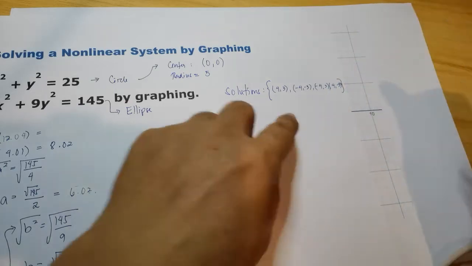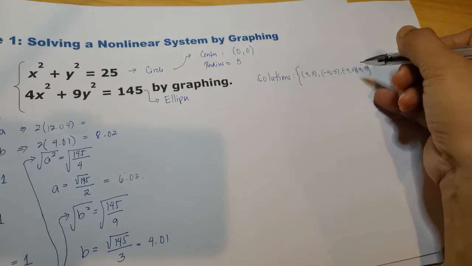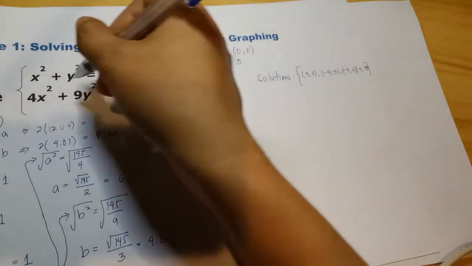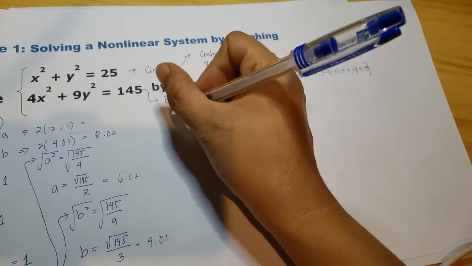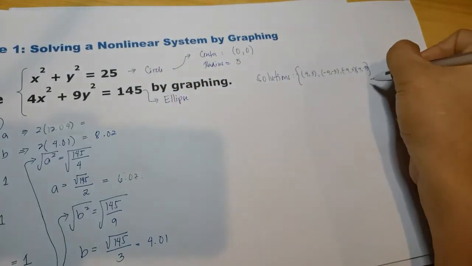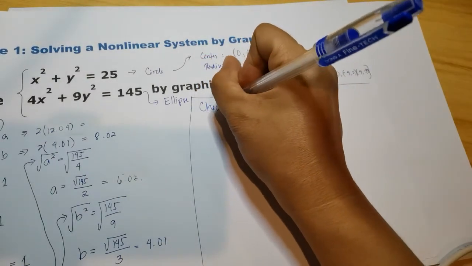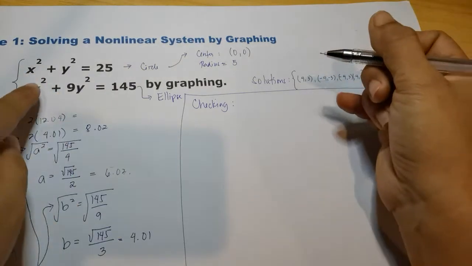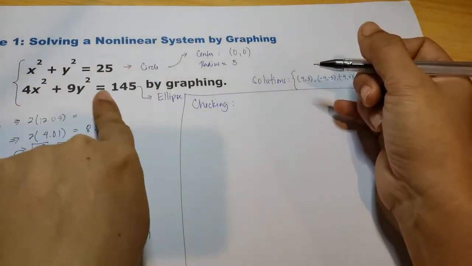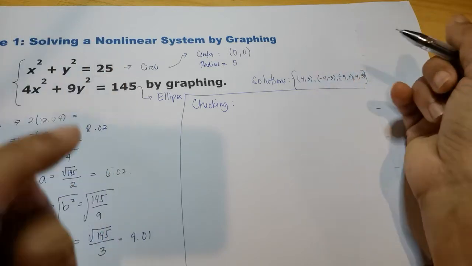Ayan. Okay? So, there is one way to check whether our solutions are the real solutions to our system. And that is by checking. Okay, so checking tayo. By substituting all of this to our equations, we should determine whether both sides of our equations are equal.